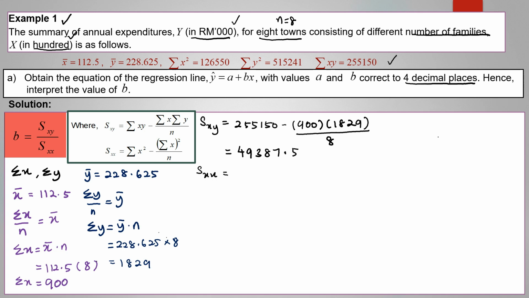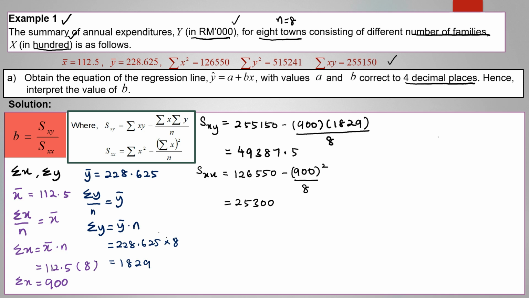Put all the summations into the correct formula, where you will have 126,550 minus summation x squared, 900 in brackets squared, over 8. So the value would be 25,300.